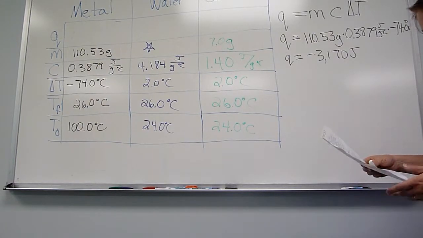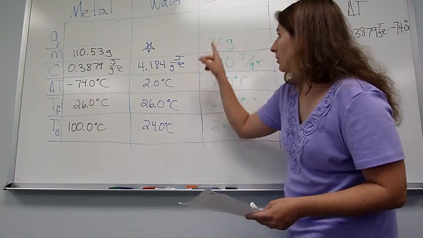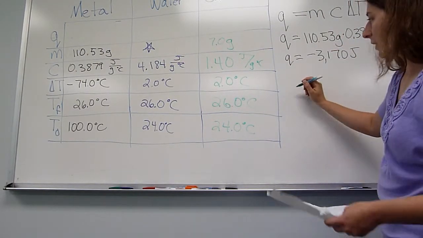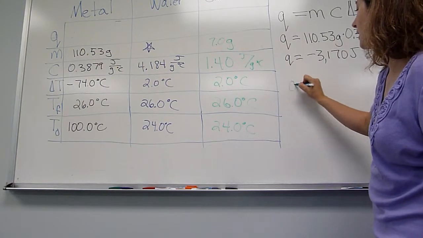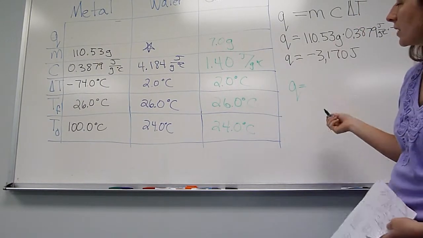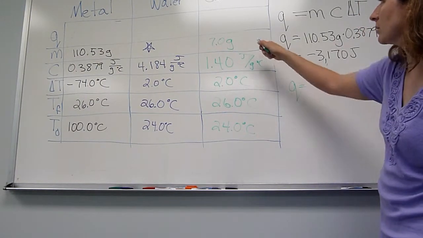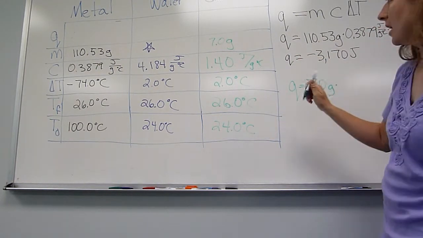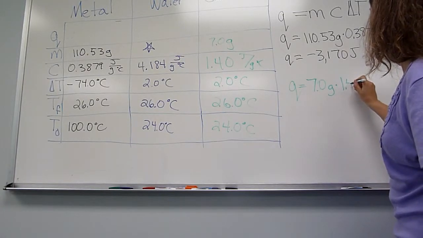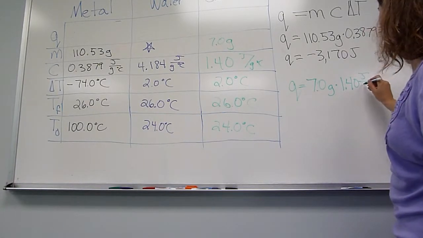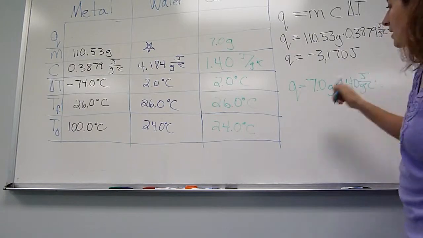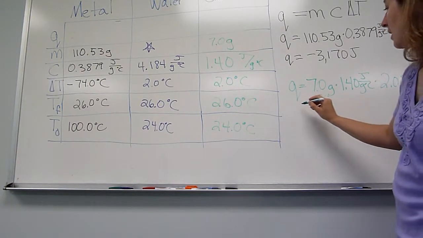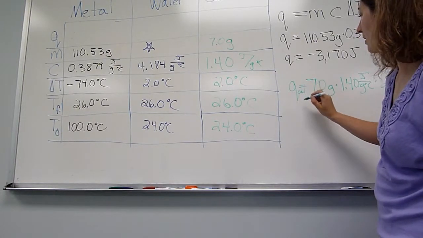So then we can find also for the calorimeter, I'll go in green since our calorimeter is green. We have enough information to find the heat gained by the calorimeter. So that would be Q equals mass, 7.0 grams, times specific heat, 1.40 joules per gram degrees Celsius, times change in temperature, which is 2.0 degrees Celsius. That's for the calorimeter.